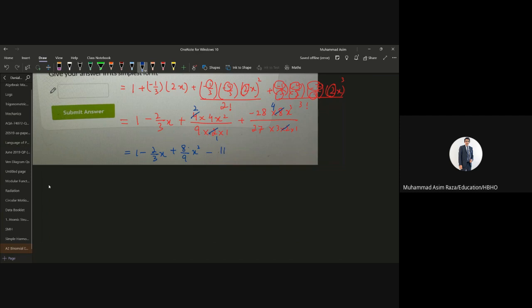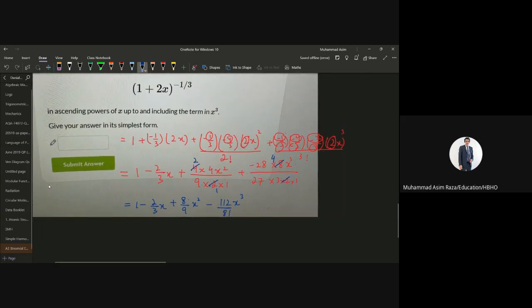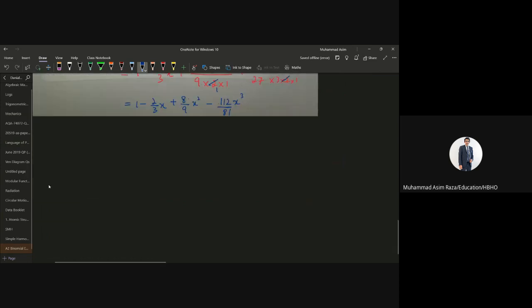Negative 112 x cube. And what is 27 times 3, which is 81. So we can also write it down like negative 112 over 81 x cube. You understand that? So this is how we have to write this down. Should I move to the next question as well?